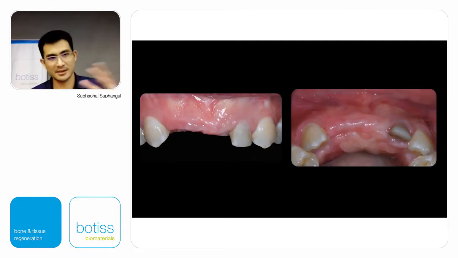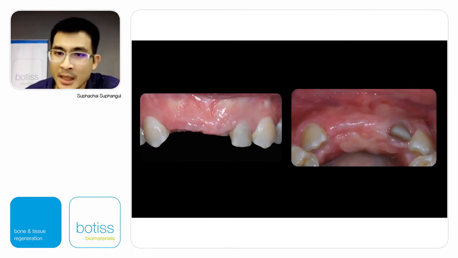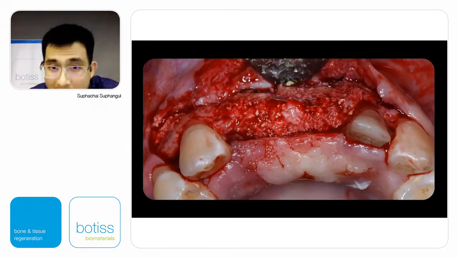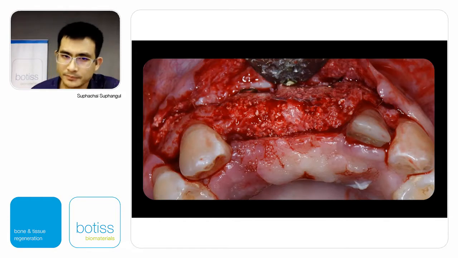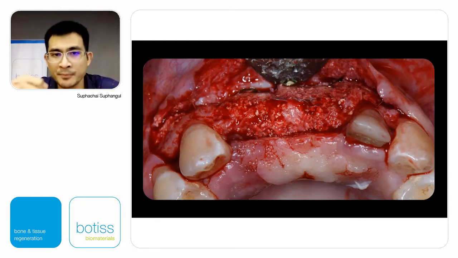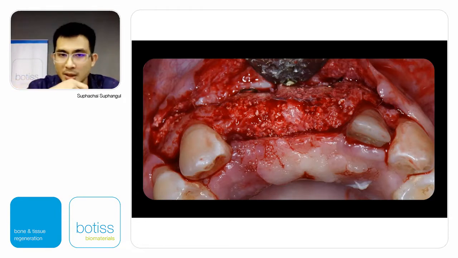Okay, let's do the implant surgery. The soft tissue and everything is very well, no dehiscence, no complication. I open up the gum and what I see is the xenograft covering the block graft. I have to use the curette to remove some particles on the screw.